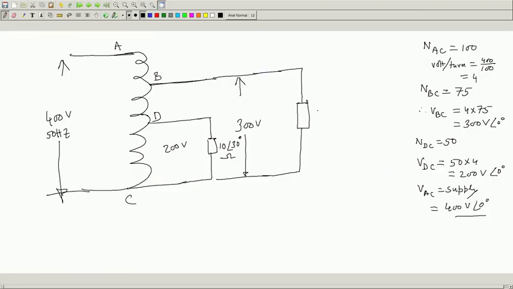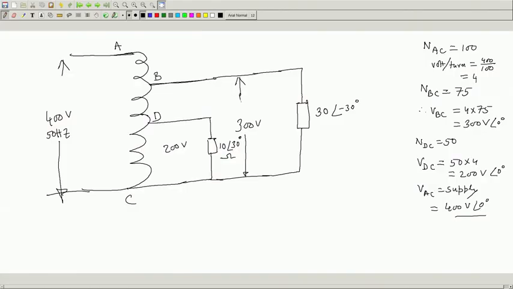Suppose I connect here an impedance of 30 angle minus 30 degree. That is, from the same auto transformer, by two tappings at B and D, C being the common terminal, I will supply two loads which require two different voltage levels.